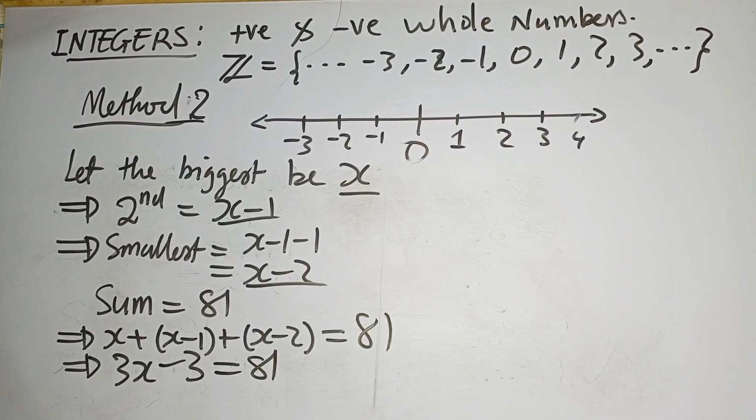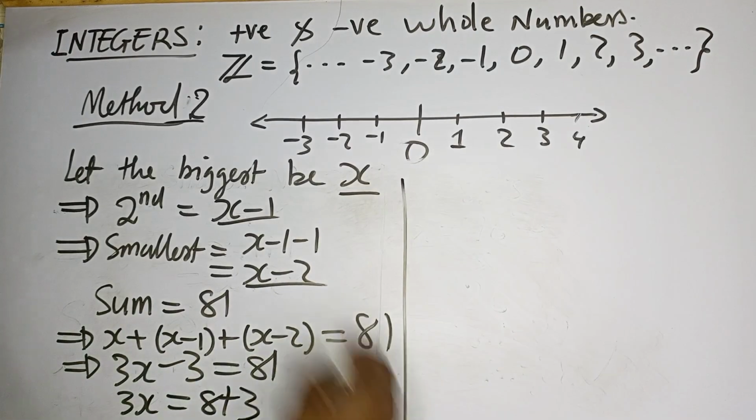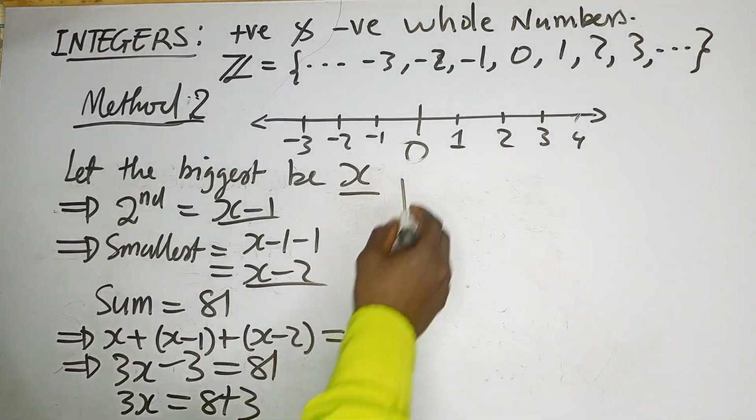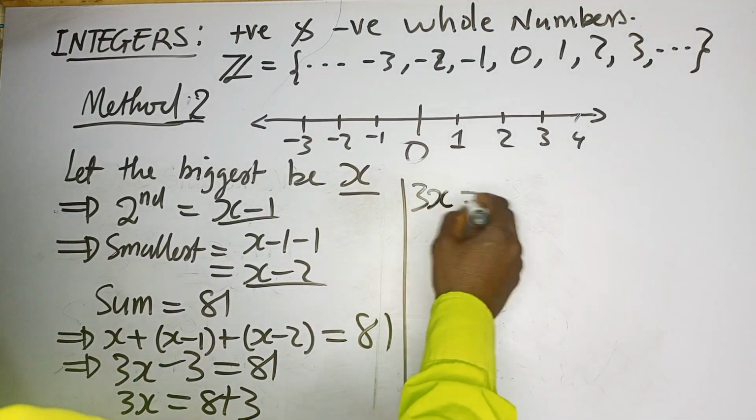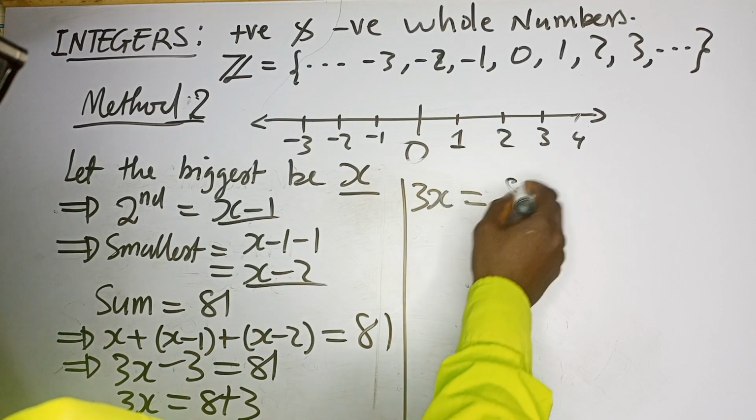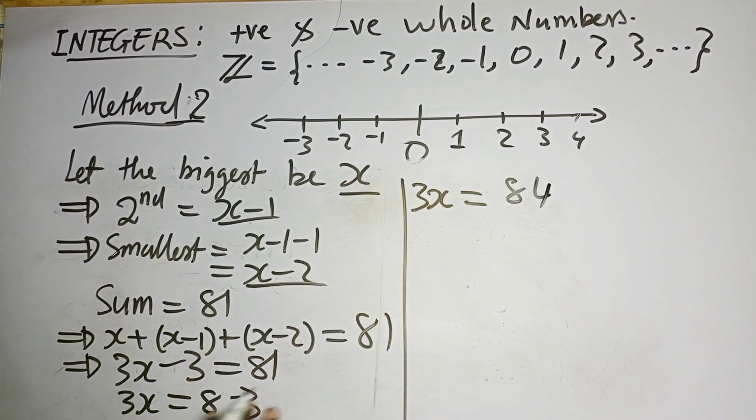Okay, now if we take this negative 3 from the left hand side to the right hand side, it becomes positive 3. 81 plus 3. So we have 3x is equal to 84. Okay, 3x equals 84.